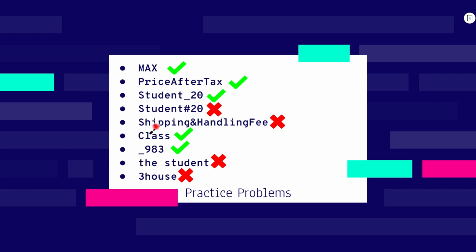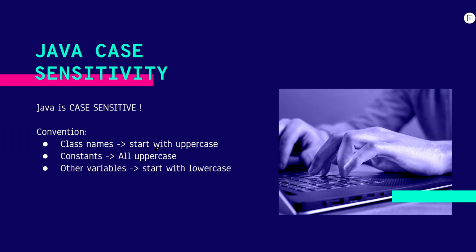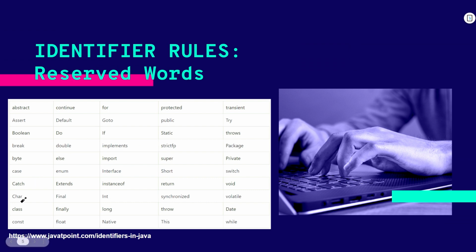Then we have shipping and handling fee. This has an ampersand symbol, so it's incorrect. It's not part of the symbols we use for identifiers. Then we have Class, and this is correct. But if you remember, we saw previously that class is a reserved word, part of the keywords that Java uses for itself.